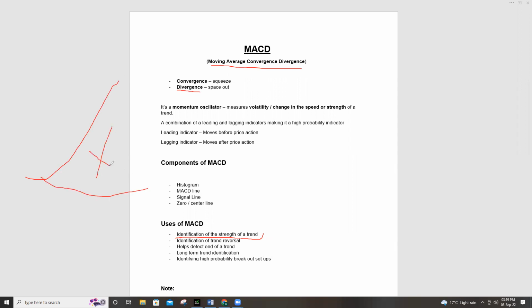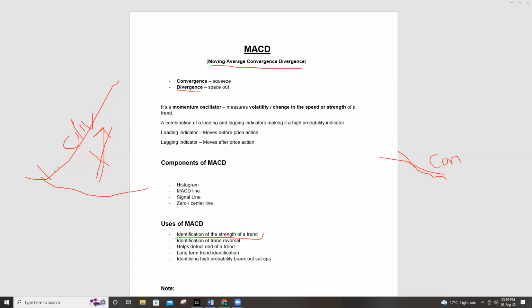This gap, this spacing out, is what we call divergence. And of course, convergence will be when they're narrowing down, they are squeezed. So this is what we call convergence, and this is what we call divergence. So divergence means strength. How do you identify the strength of the trend? When there is divergence in the moving average in the MACD.